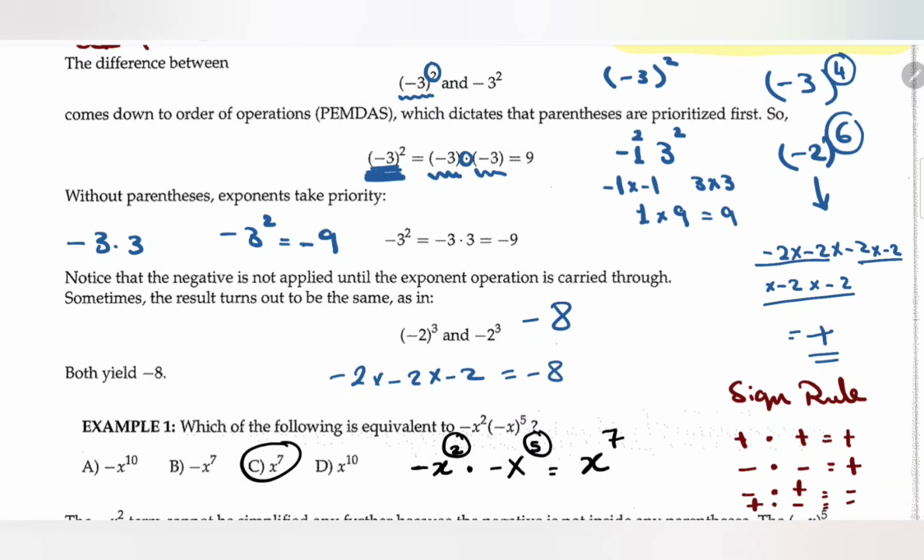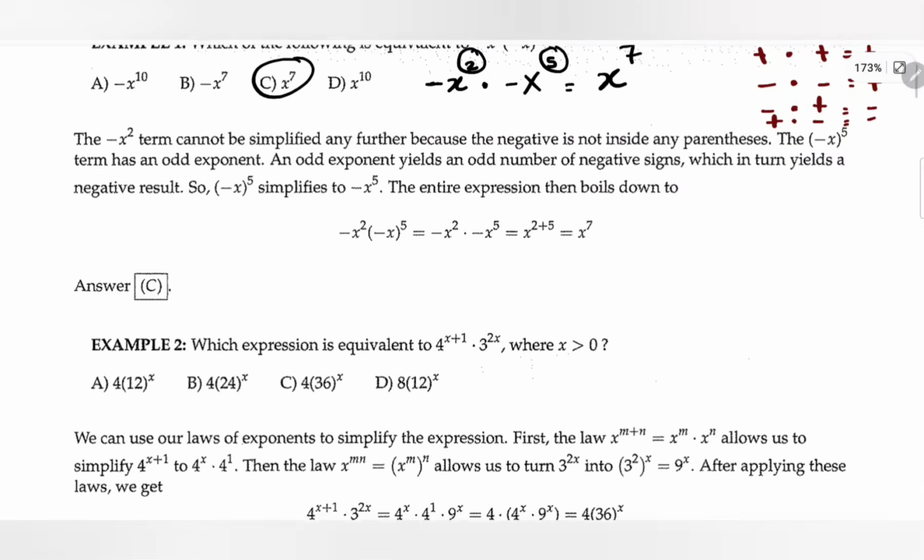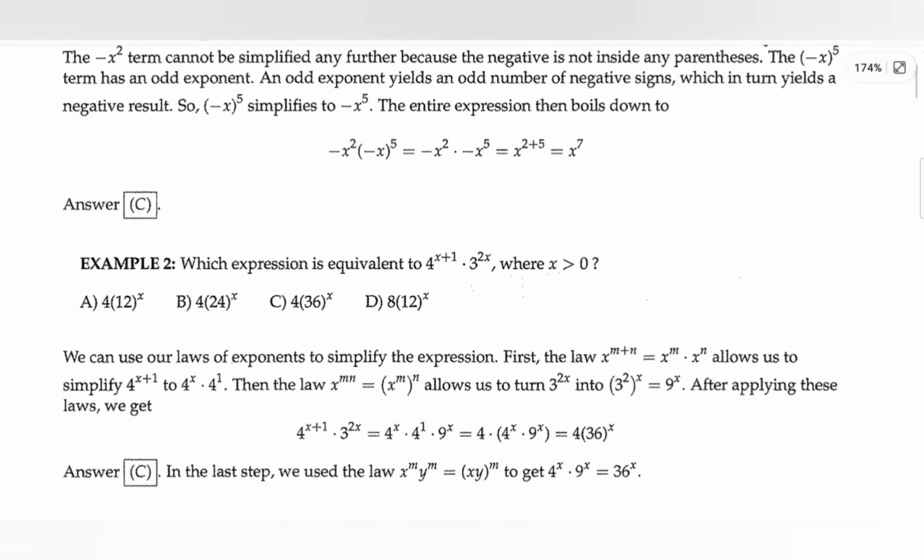Okay, so let's complete another question, another example. So I have 4 to the power x plus 1. Oh, so I add the power. That means it's 4 to the power x multiply 4 to the power 1. I put the same base, which is 4, and add the power, so I add x plus 1.